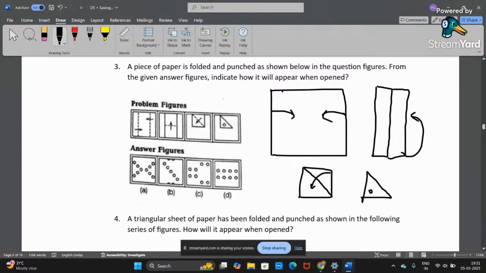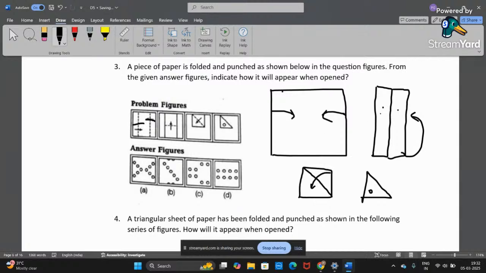So here one fold like this, one fold like this, two, right? And back side it is a paper. Let's make it as 4 layers. 1, 2, 3, 4 layers. And here it is doubled. So if they make a hole, it will be how much? 8. One layer, 2 layer.